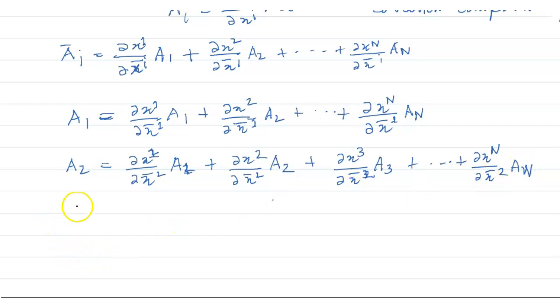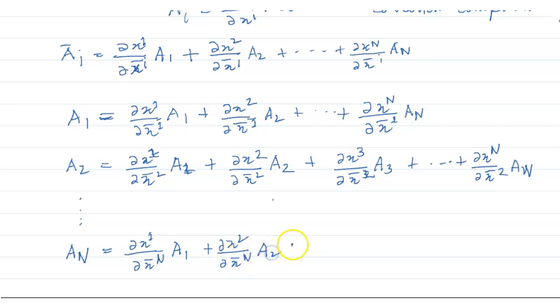So this is the type. This is the last term: A bar n can be written del x to the power 1 divided by del x bar n into A1, del x to the power 2 divided by del x bar n into A2, plus up to del x n divided by del x bar n into An.